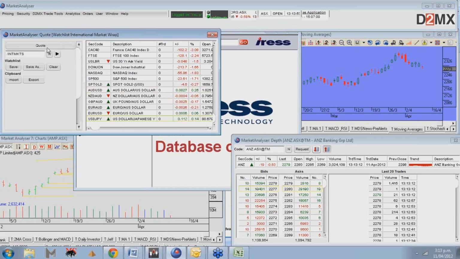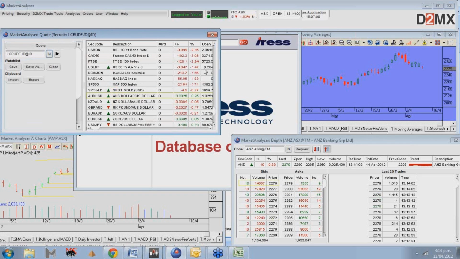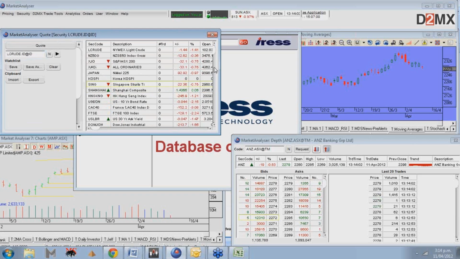So crude oil, type in lcrude.id and we should now have crude oil in there as well. So that's brought up NYMEX light crude in there.